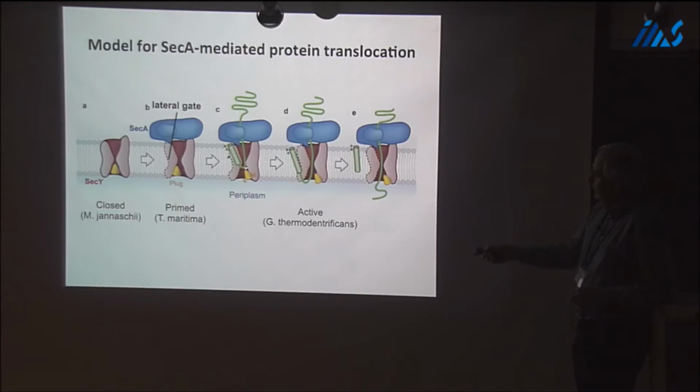The polypeptide chain inserts as a loop, and the signal sequence moves out of the lateral gate and docks on the outside into this groove with the hydrophobic amino acids facing the lipid environment. And then at some point, there's a conformational change that leads to cleavage, and then the polypeptide chain is moved through the central pore in an extended conformation towards the outside.